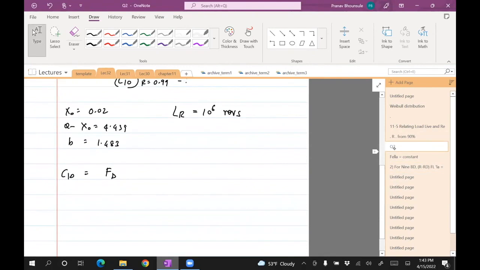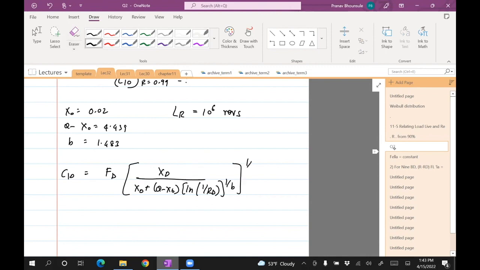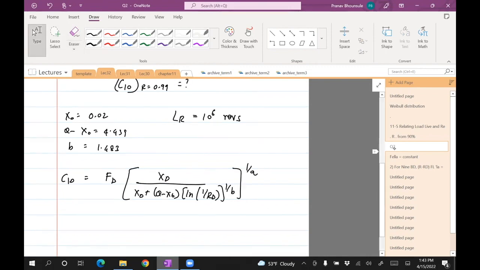So FD times (XD over x0) plus theta minus x0, natural log of 1 divided by R D, to the power 1 over B. Then this whole thing is to the power 1 over A. Now this is a ball bearing, so I'll just assume A is 3.